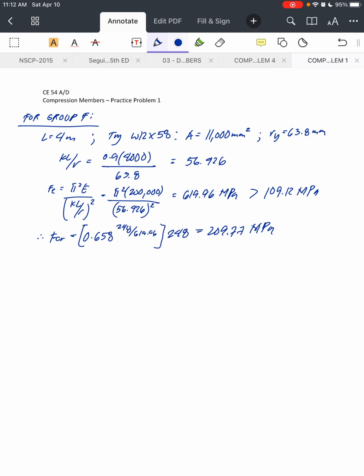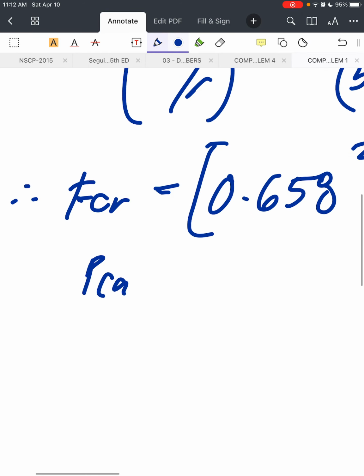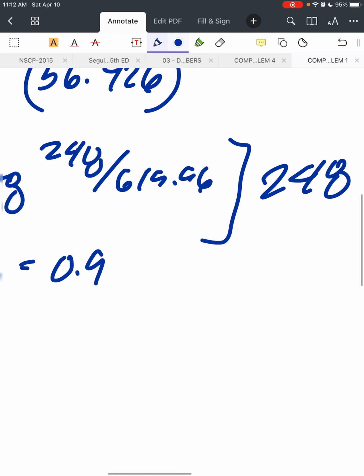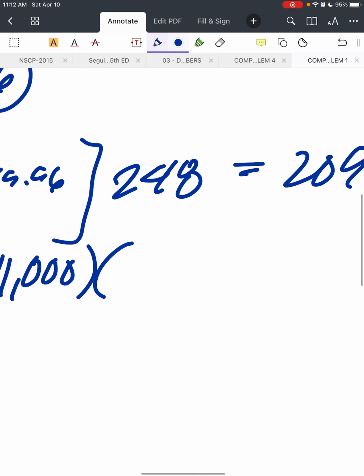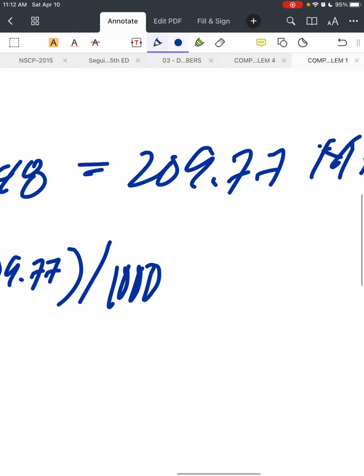So let's now compute for the Pcap, actual capacity. We have phi sub c A Fcr. So you have 0.9 times 11,000 times 209.77 over 1,000.